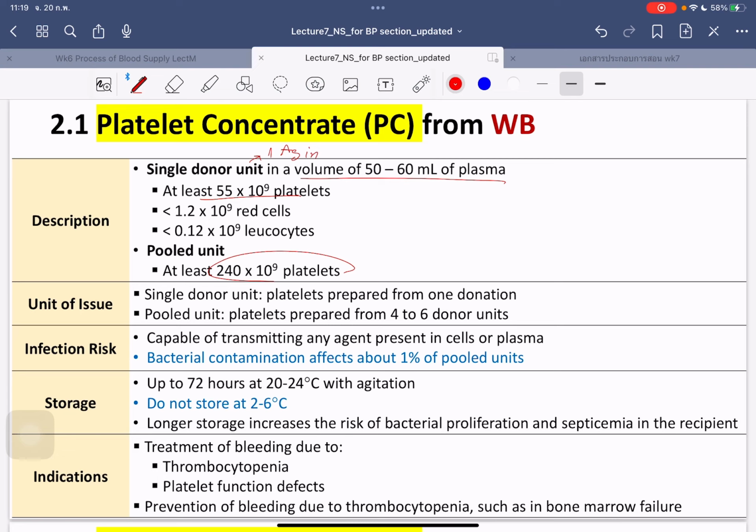The second one is pooled donor platelets. When you pool from 4 to 6 donors, there will be more antigens, and it can induce the patient to produce antibodies to platelets. So the usage indication depends on the situation or the disease of the patients.